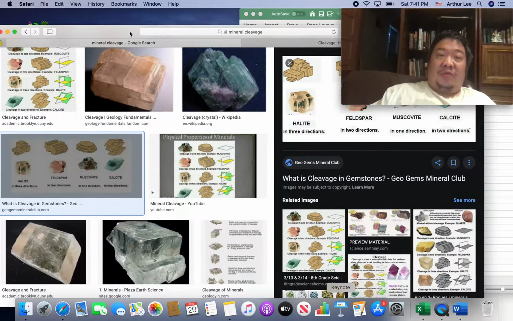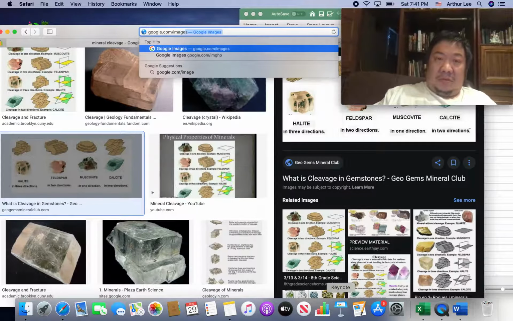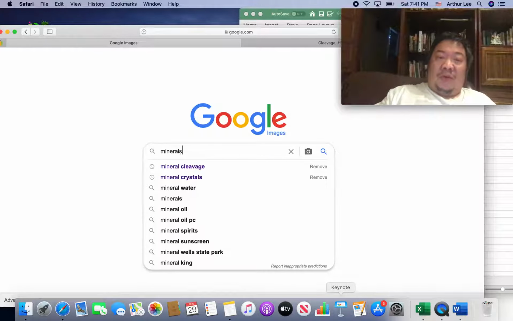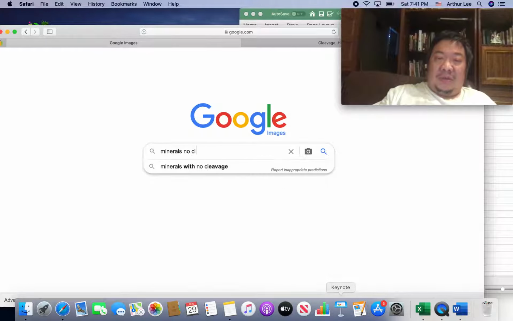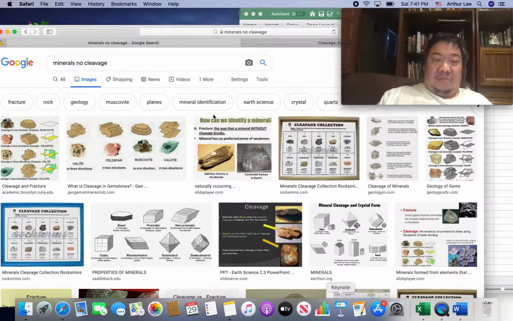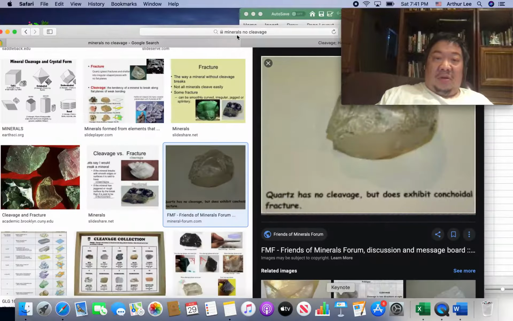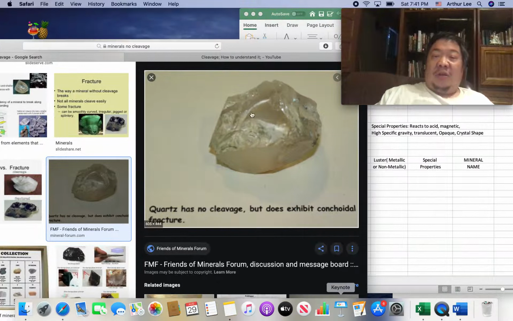Let me show you some minerals that do not have cleavage. Minerals with no cleavage don't break in a predictable way. This mineral here, quartz, has no cleavage.